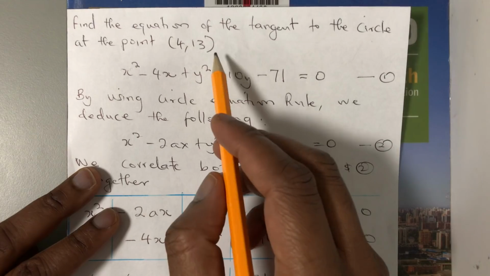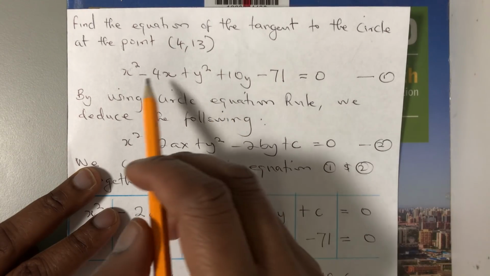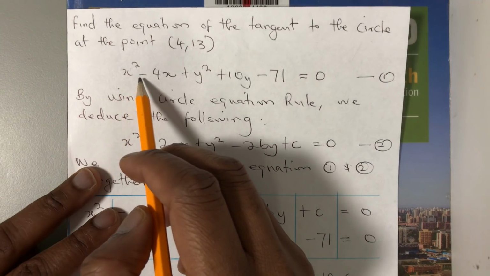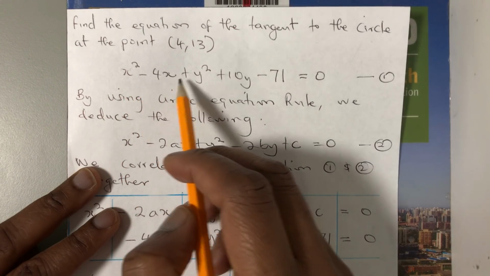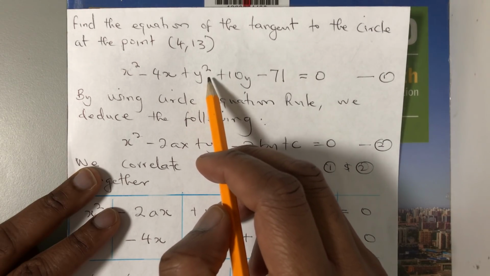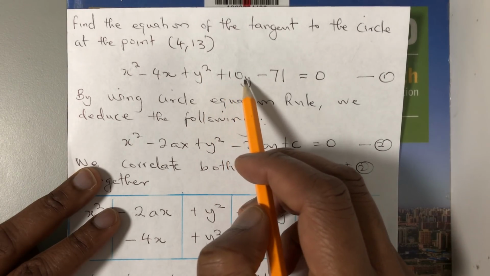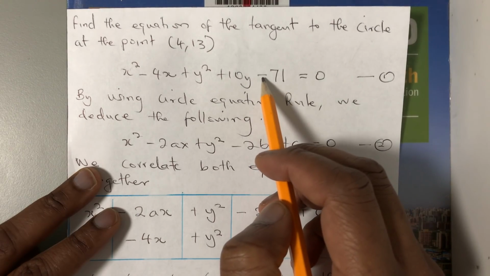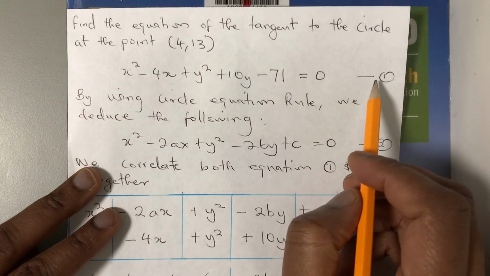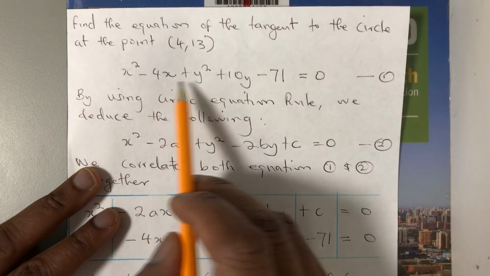From here, we deduce from the equation given, which is x raised to the power 2 minus 4x plus y raised to the power 2 plus 10y minus 71 equals 0, which is equation 1, the equation given.